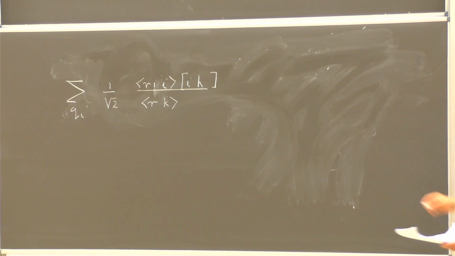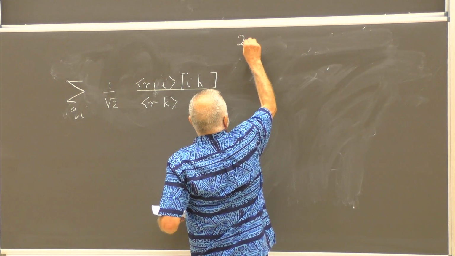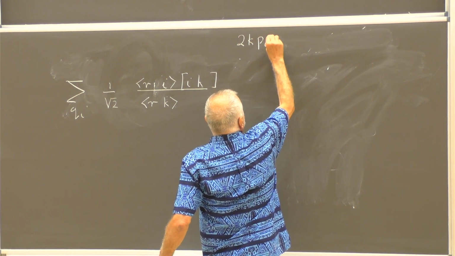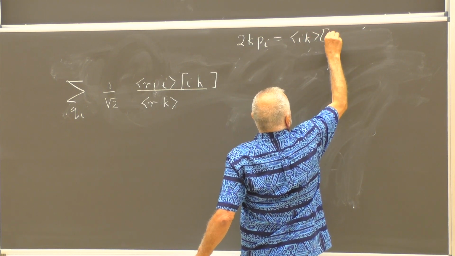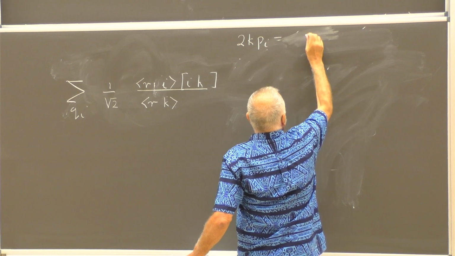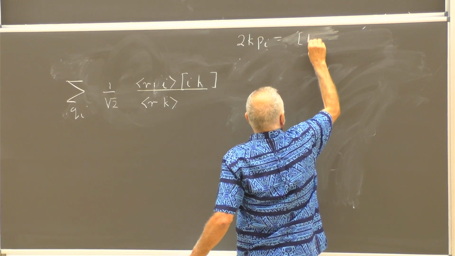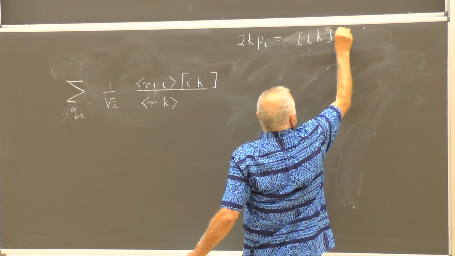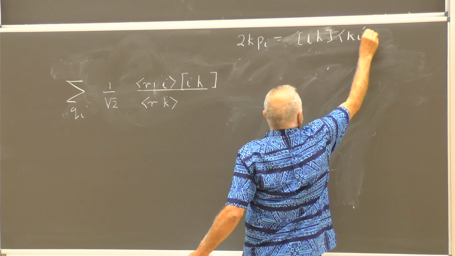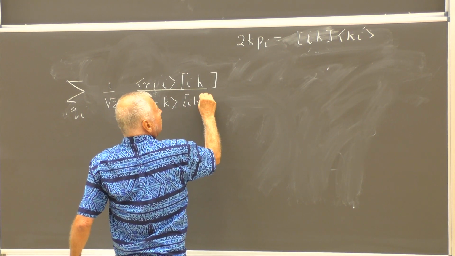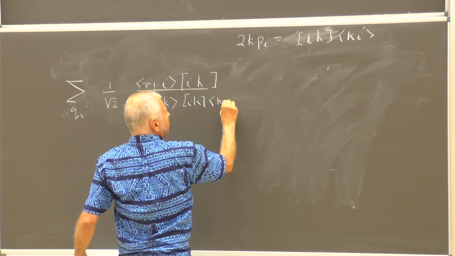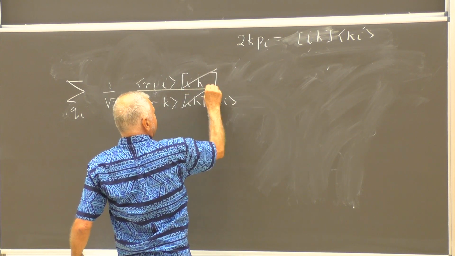So you remember that 2k times p_i is the bracket of k and i, times its conjugate. I have here the brackets, and this thing cancels.